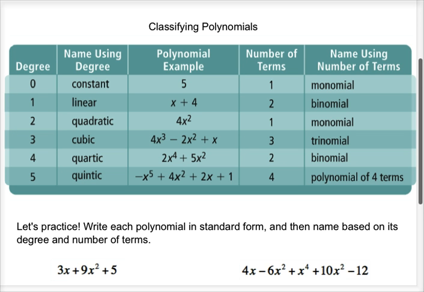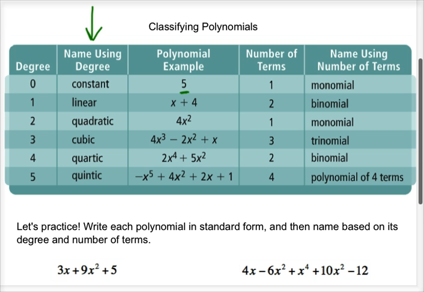The first way is by the degree, okay? So, looking at that list, something of degree 0 we call a constant. Now again, remembering degree 0 just means when you're talking about a number without a variable. Okay, that's degree 0. And we call that a constant polynomial.